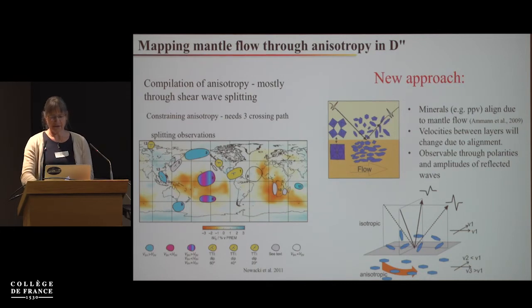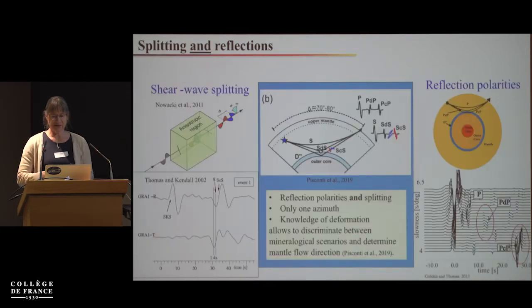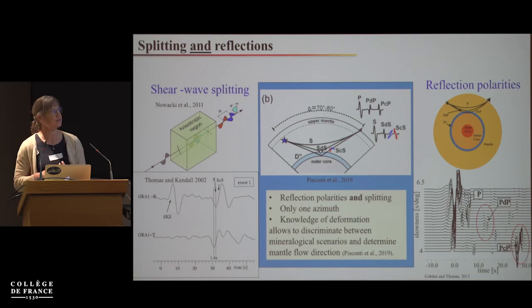And in the CREEP project, the ITN CREEP project, my student Angelo Pisconti has actually combined both things. He's used shear wave splitting and reflection polarities. So he's looking at the reflection of D double prime in S waves and P waves, so the polarity of this wave here, and he's also looking at the splitting of SKS, the wave that travels through D double prime.